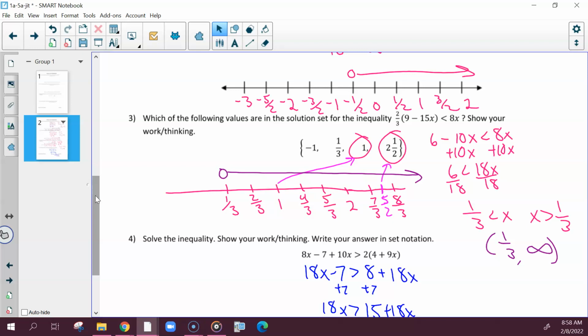So as I'm looking at these numbers, I'm looking for which of these numbers are greater than 1/3. 1 is definitely greater than, 2.5 is definitely greater than, 1/3 is equal to, but my sign is not equal to, so that would not work. And -1 is obviously less than, so that one would not be an answer either.